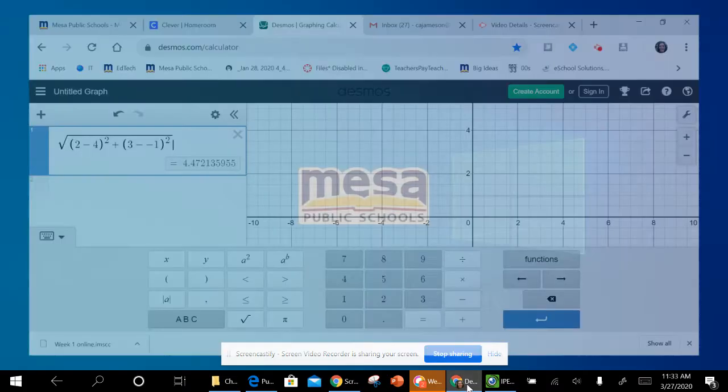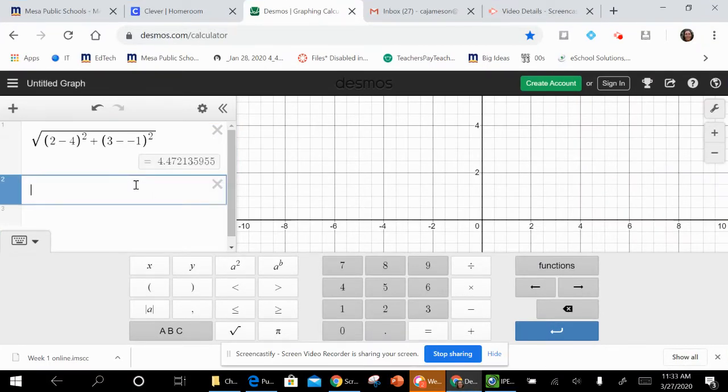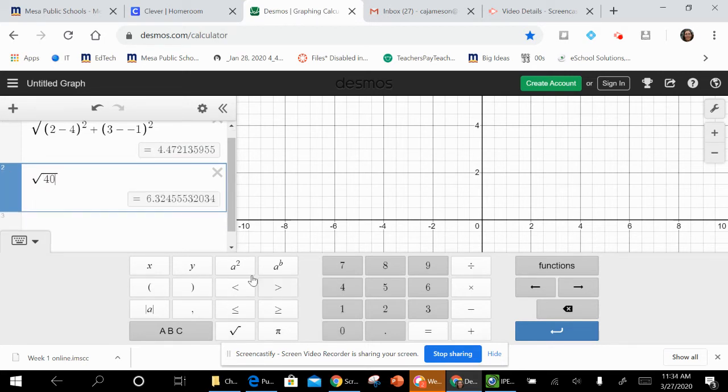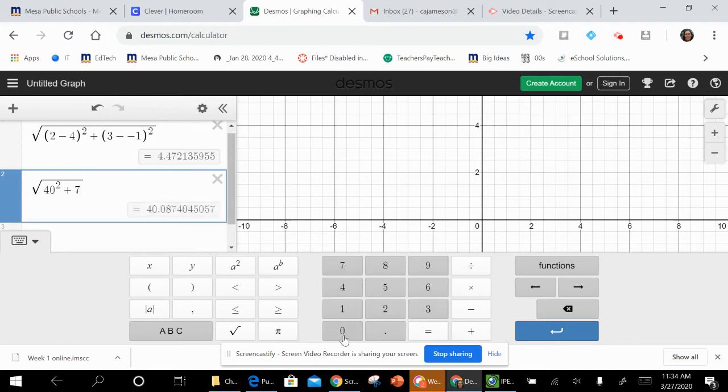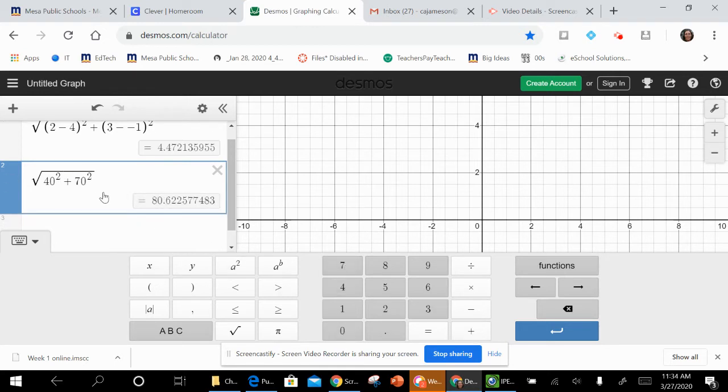But I'm encouraging you to use decimals. So I'm going to go square root again. I'm going to go 40 squared plus 70 squared. Okay. And that gives us our answer of about 80 and 6/10.